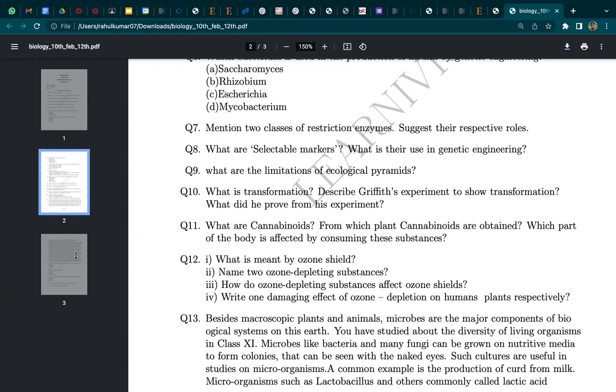And as a second example you can write, the R strain of Streptococcus pneumoniae transforming into S strain upon taking up DNA fragments from the S strain.